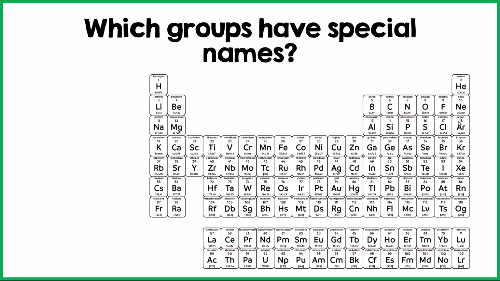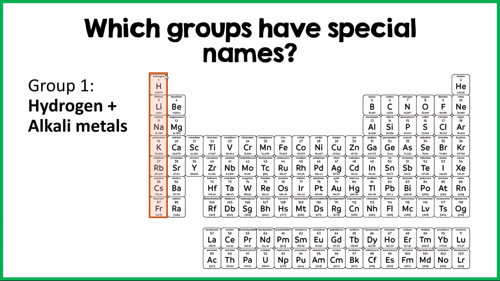And some of these groups have special names. Group 1, the first column, contains hydrogen and alkali metals. So hydrogen is not a metal, but it's placed there because it has 1 valence electron, as do all of the other alkali metals.